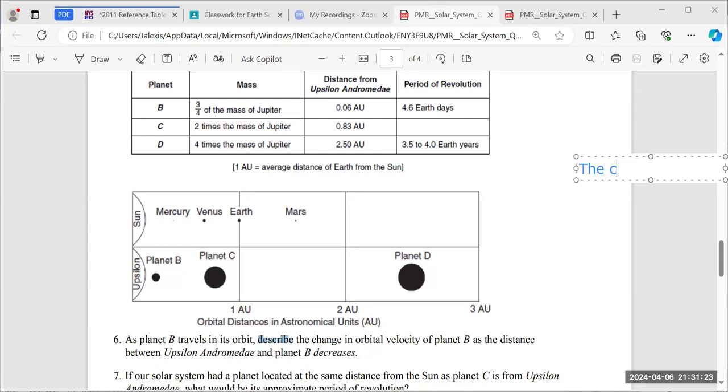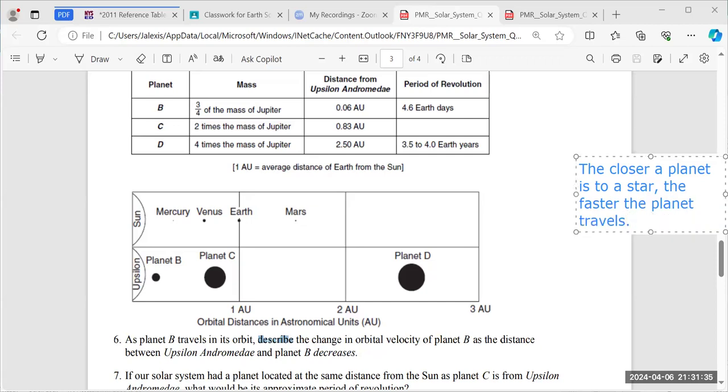I know that the closer a planet is to a star, the faster the planet travels. This is one of Kepler's 3 laws regarding planetary motion. So as planet B gets closer to the star and the distance decreases, that means that gravity has a stronger effect.